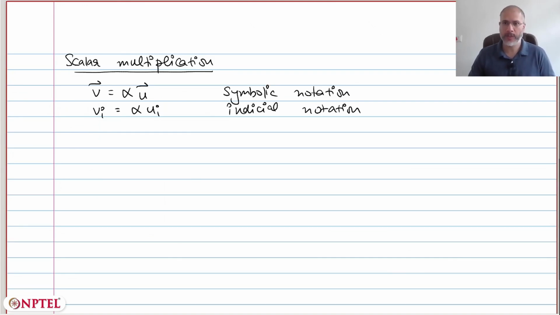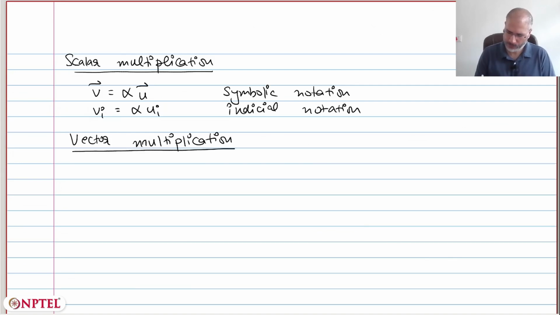So next we'll move on to vector multiplication. And in vector multiplication, we will start with the famous vector dot product.